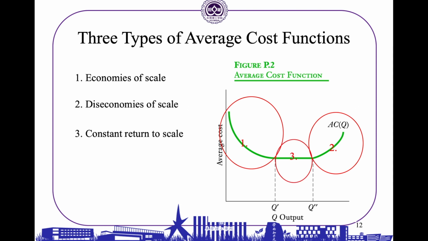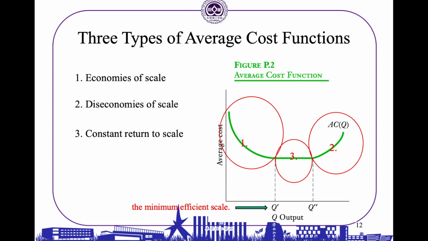The average cost function is upward sloping. When average cost equals a constant, the firm has constant return to scale. The average cost function is a horizontal line. A firm may exhibit economies of scale, constant return, and diseconomy of scale at different levels of output.